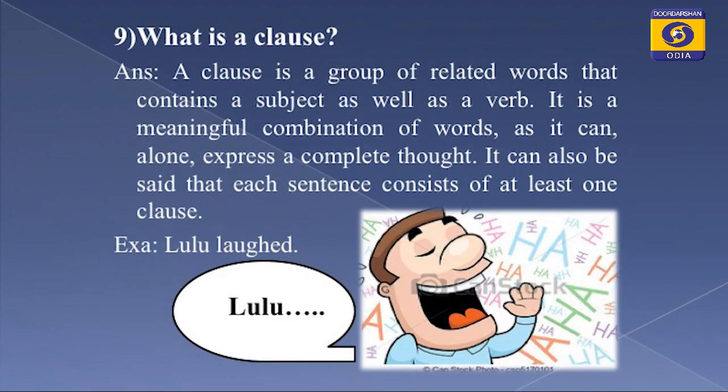If you don't understand what a clause is, we cannot know what a sentence is. So at least we should know the difference between a clause and a sentence. A clause is a group of related words that contains a subject as well as a verb, like a sentence.